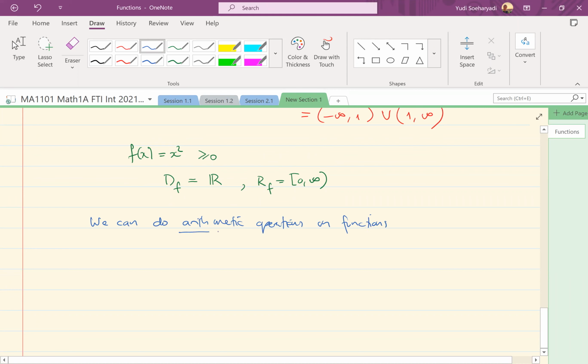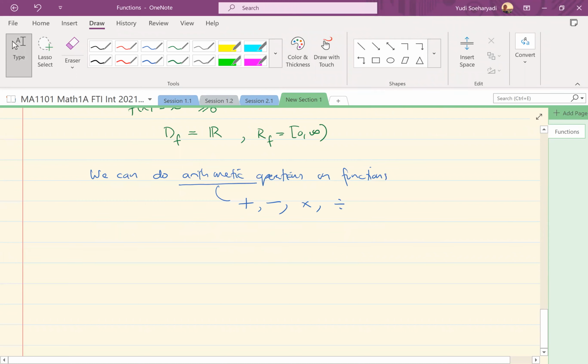So what are arithmetic operations? Yeah. Okay. What was squaring? Well, squaring is just some multiplication, right? Okay, so that's it, but there is one operation that's particular to functions only. There is no counterpart in numbers.